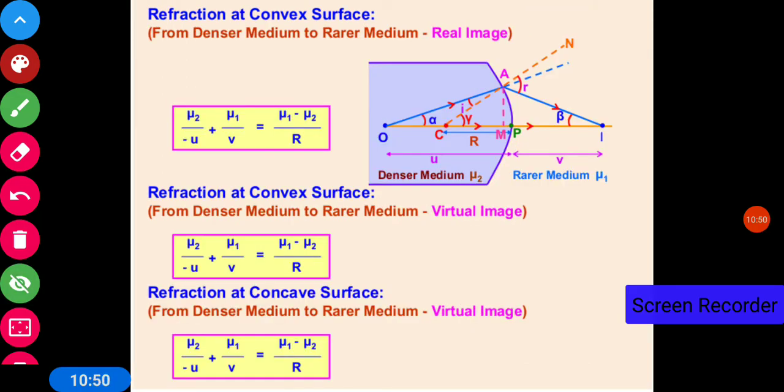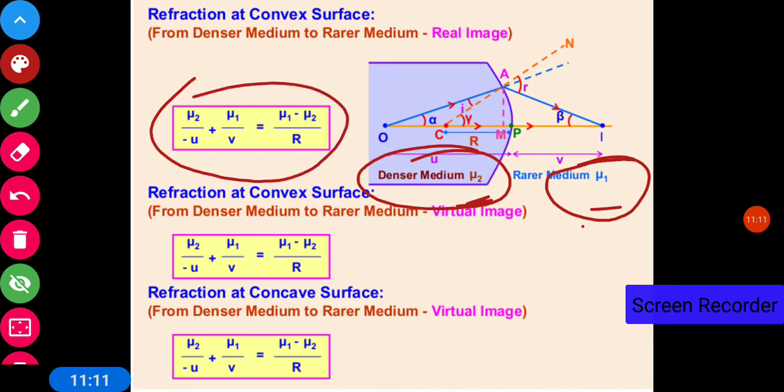Similarly, refraction from denser to rarer medium. So far we did rarer to denser medium; these two diagrams are for denser to rarer medium. Here there is a little difference. Look carefully: the object is in the denser medium, that is mu2, and the image is in the rarer medium, that is mu1.